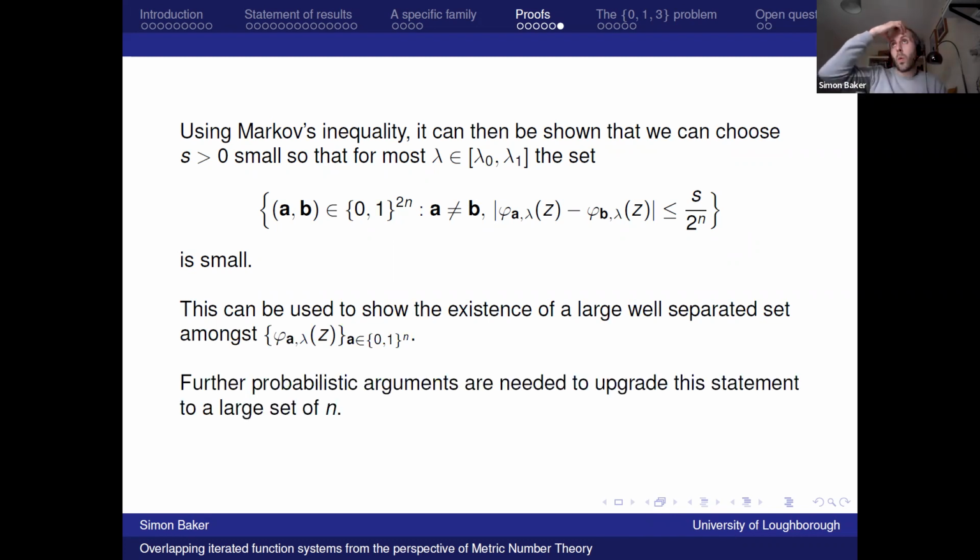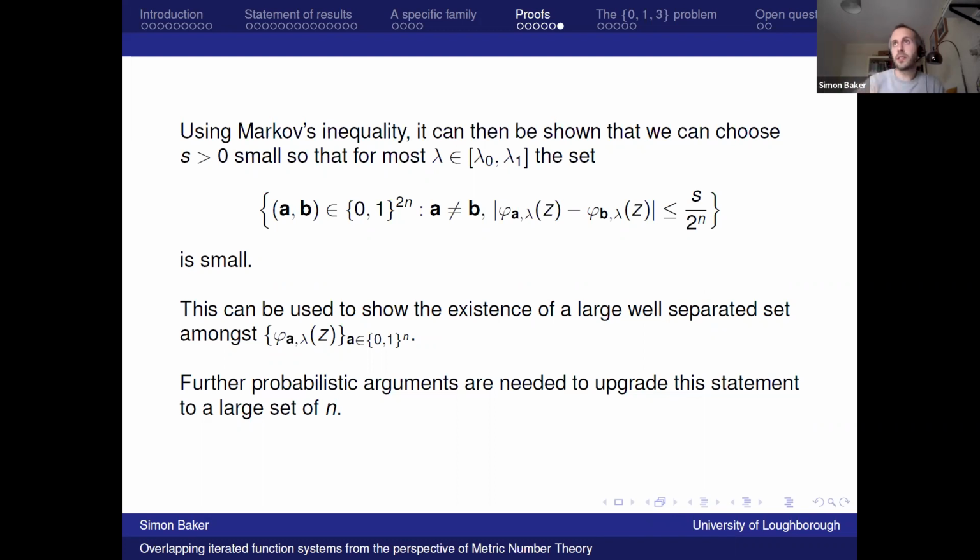Now, all we've done is explain how you can have a large separated set for a typical lambda at a particular level n. To prove these measure statements, we want to be able to say that for a large set of n, for infinitely many n, we're going to have strong divergence.